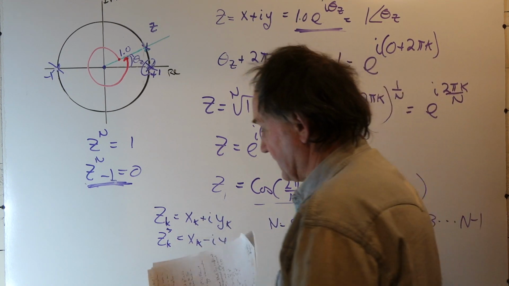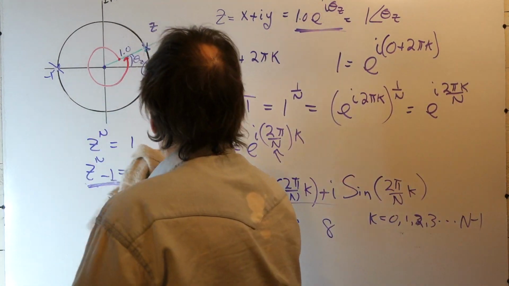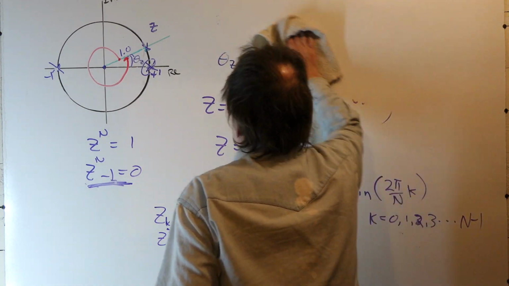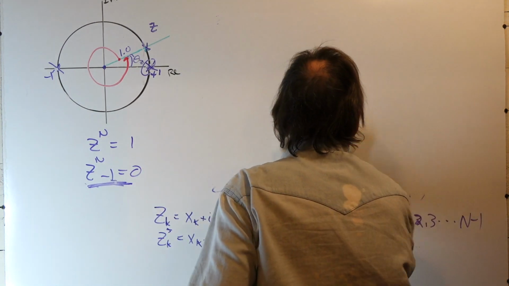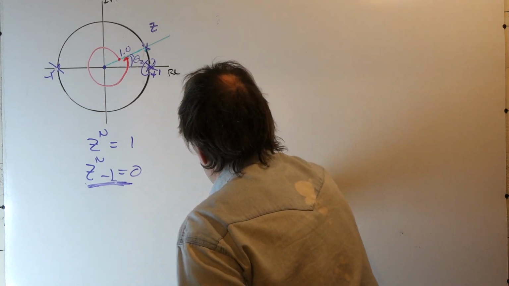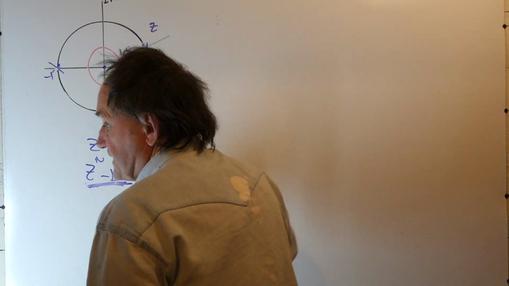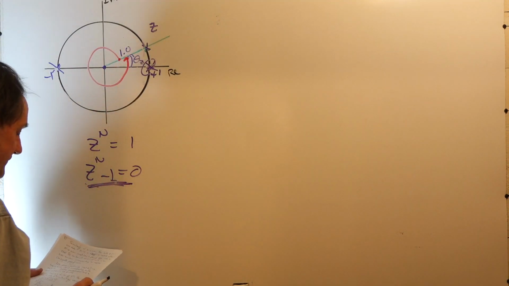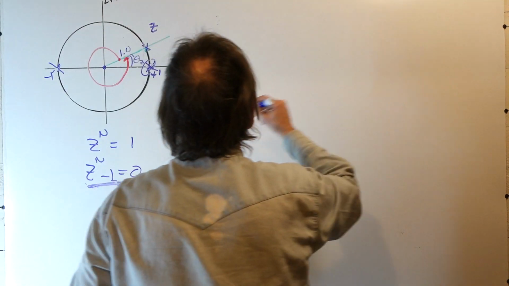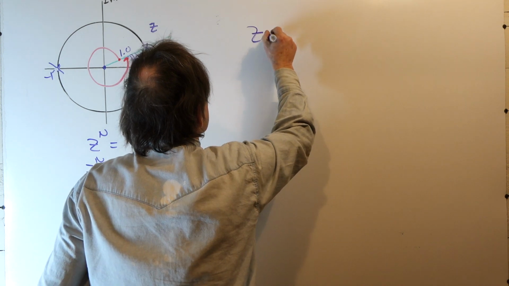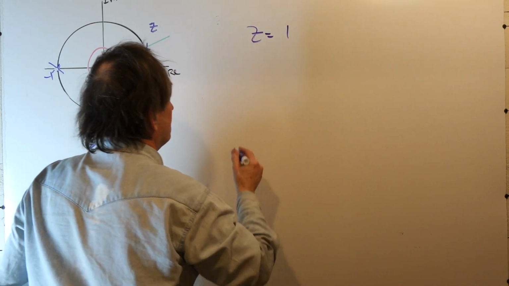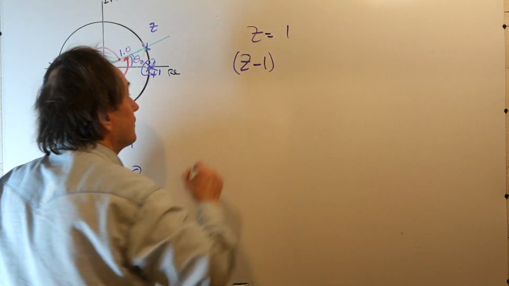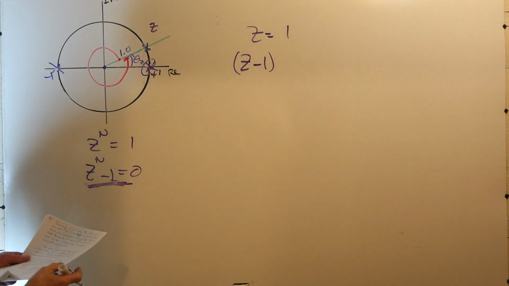Now, one last thing I'm going to do here is prove algebraically that if one of the roots is plus 1, that is, z equals 1 is a root, then there's a factor z minus 1 corresponding to that root.